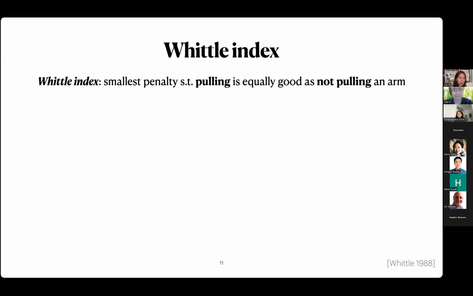So here the Whittle index is the smallest penalty that we define where taking an action on an arm is equally as good as not acting on that arm. So the Whittle index, referred to as m i, is the penalty that makes acting, a equals 1, and not acting, a equals 0, equivalent.